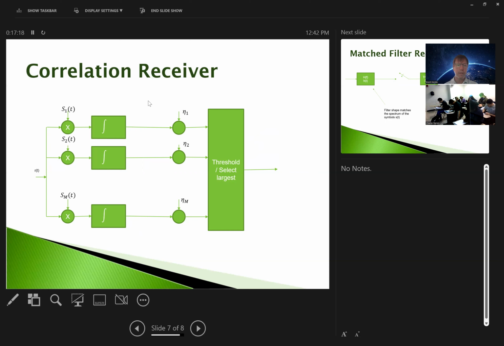Okay, so this multiplication and then this integration will provide a scalar value coming out for each of these lines, and we again tweak those according to that bias term and select the largest. So this is potentially a simpler approach.